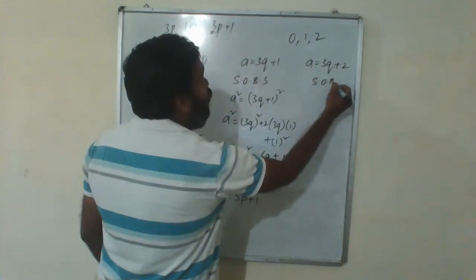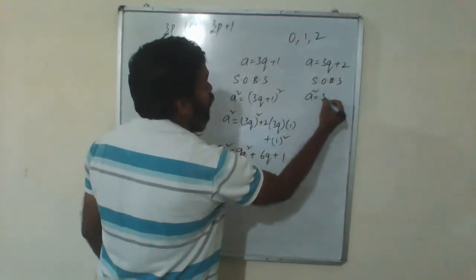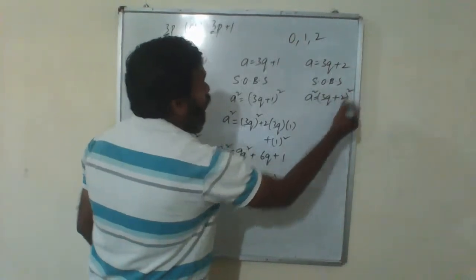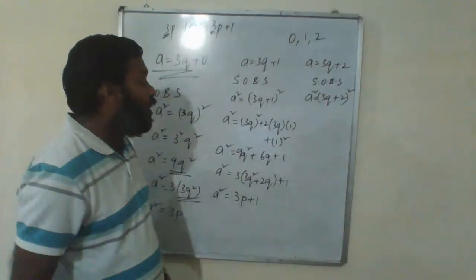Again squaring on both sides, that is a square equals 3q plus 2 whole square, which is in the form of a plus b whole square again.